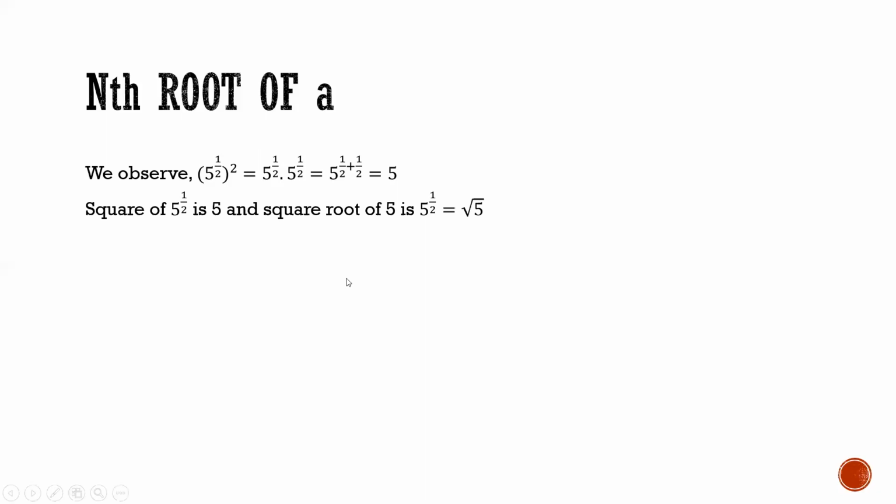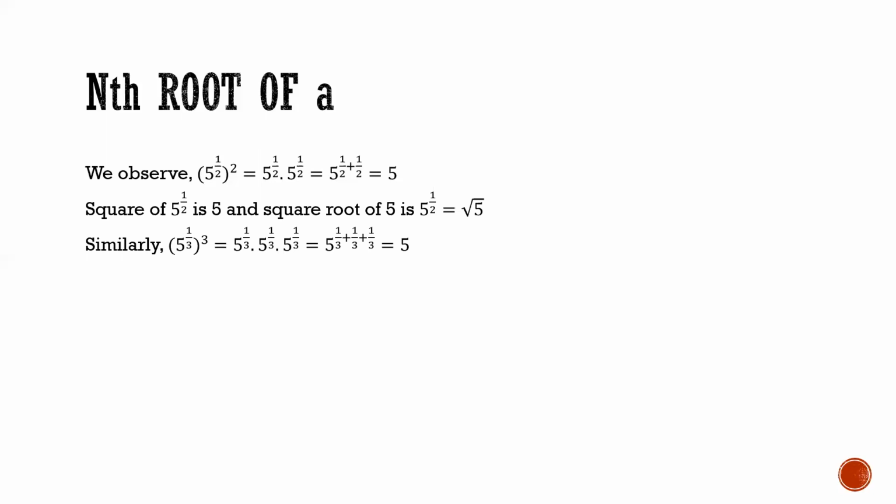Similarly, 5 to the power 1 by 3 whole cube is equal to 5 to the power 1 by 3 into 5 to the power 1 by 3 into 5 to the power 1 by 3, that is 3 times 5 to the power 1 by 3. Applying the similar index law of multiplication, we get 5 to the power 1 by 3 plus 1 by 3 plus 1 by 3, that is, taking the LCM, 3 by 3, that is 1.